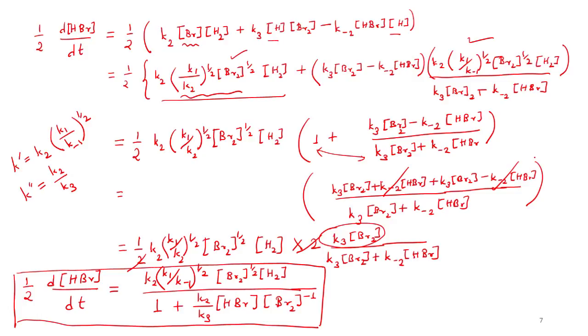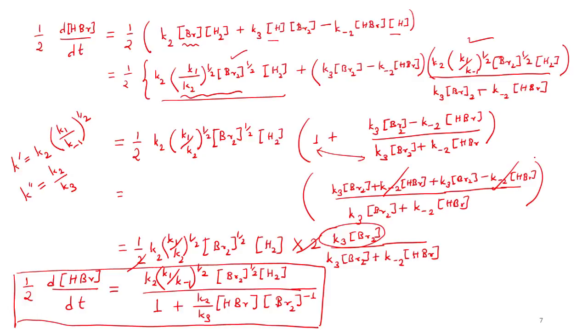The observed rate constants, there are two, which we wrote as k prime and k double prime. They are described as combinations of the rate constants of the elementary steps, which are k1, k minus 1, k2, k minus 2, and k3.